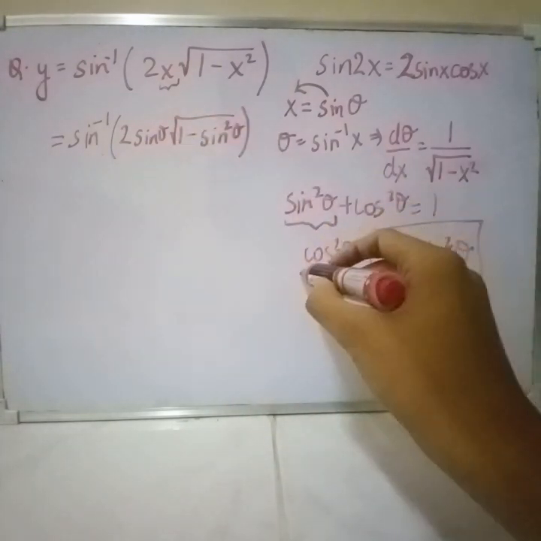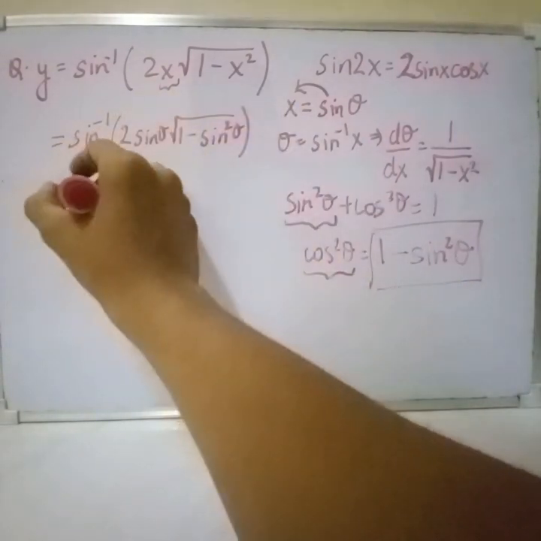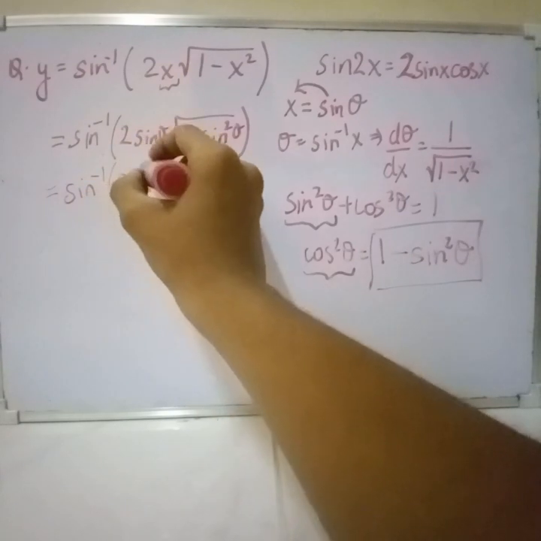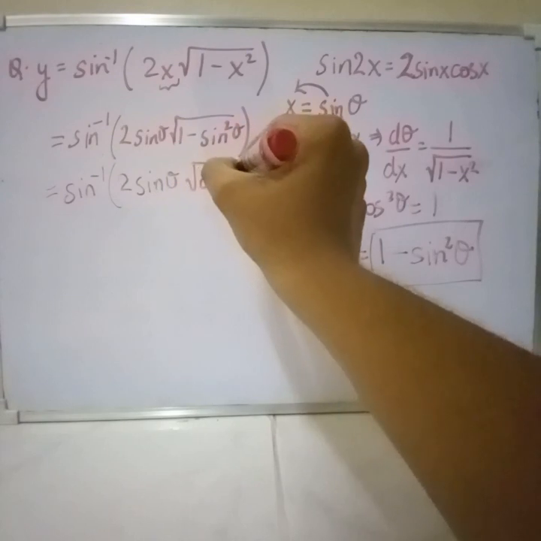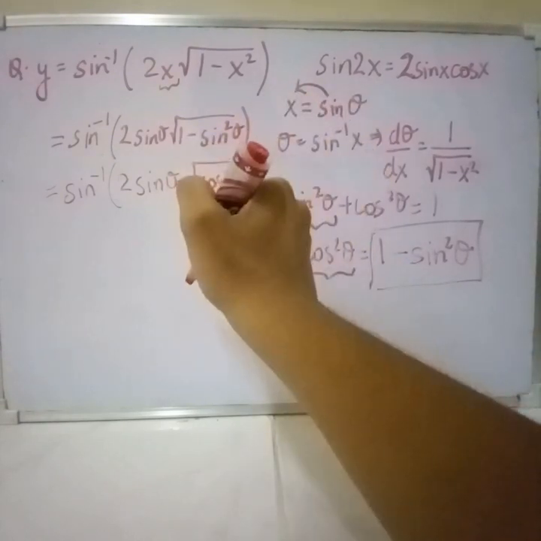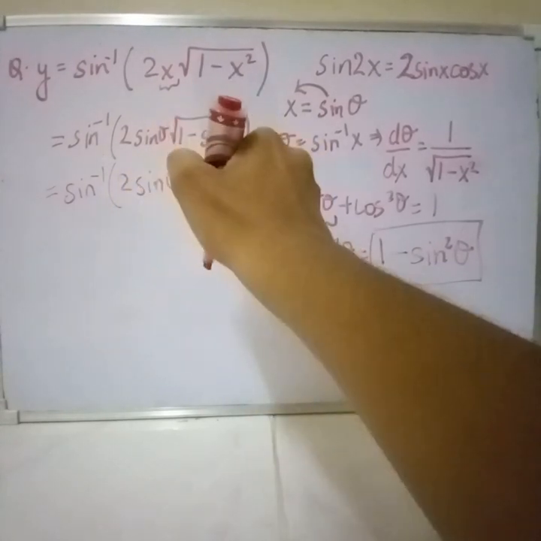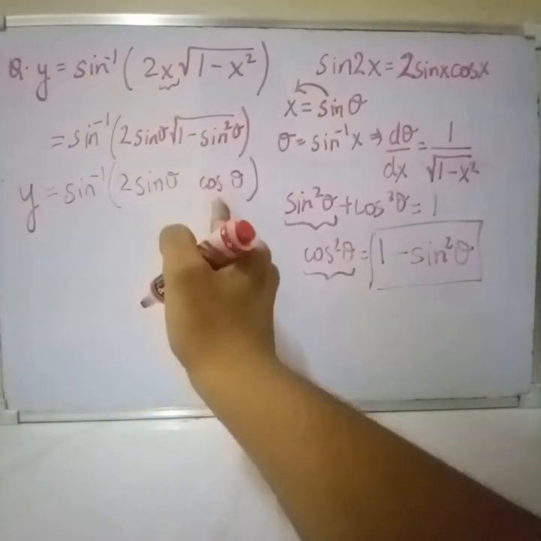So we can substitute this with cos square theta. So it becomes sine inverse 2 sine, square root of cos squared. This square and the square root will cancel each other out. So y is equal to sine inverse 2 sine cos.